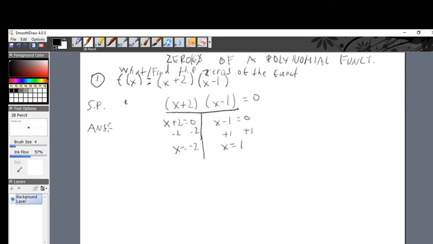Okay, the answer is the zeros are negative 2 and 1. There's the answer. Those are the zeros. These are the two zeros. Here is our answer. Problem over.